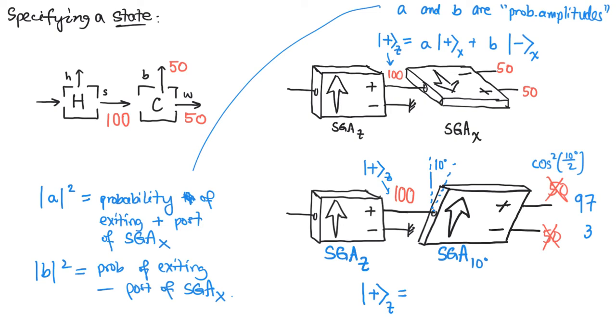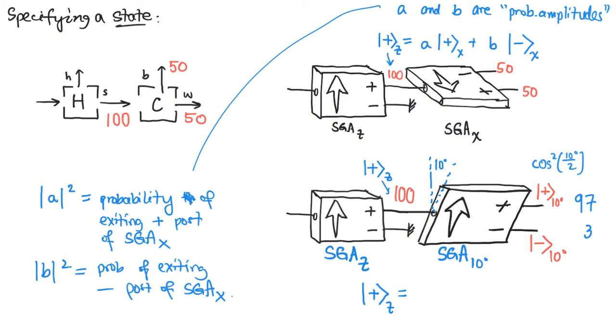And the quantity that we're measuring is a 10-degree. So if the atom comes out of the plus port of the 10-degree analyzer, then it would be in the plus 10-degree state. And if it comes out of the minus port, it's in the minus 10-degree state.